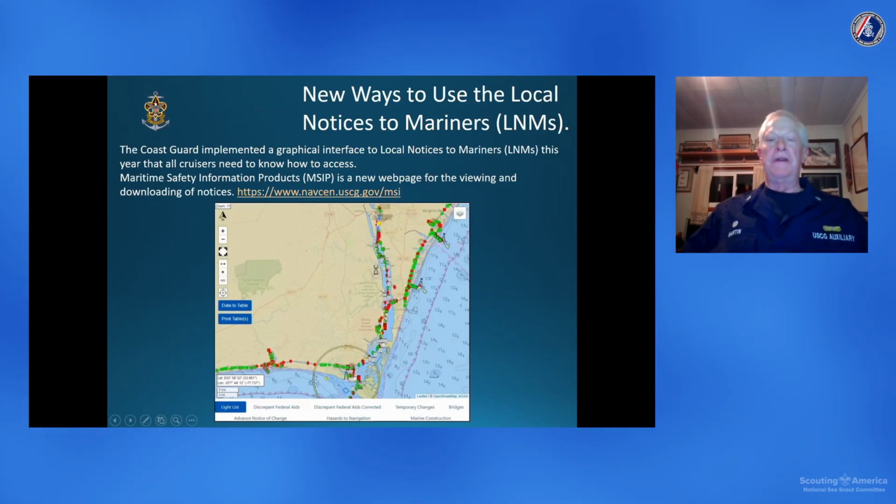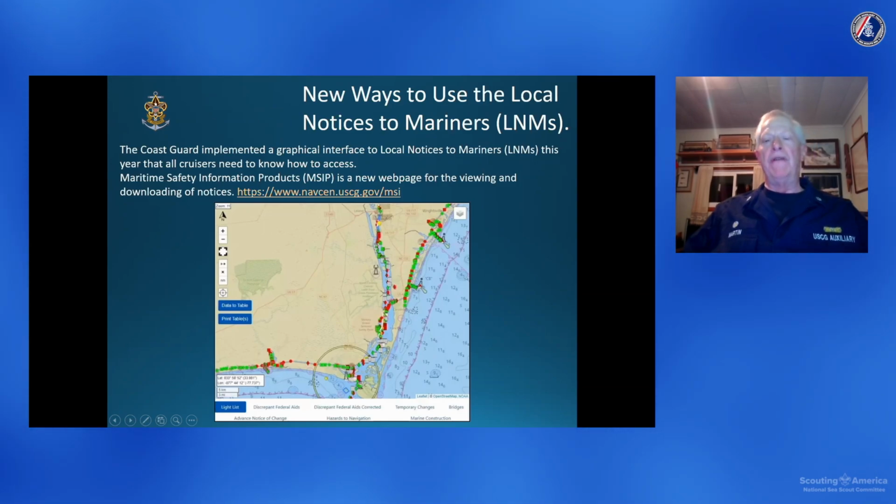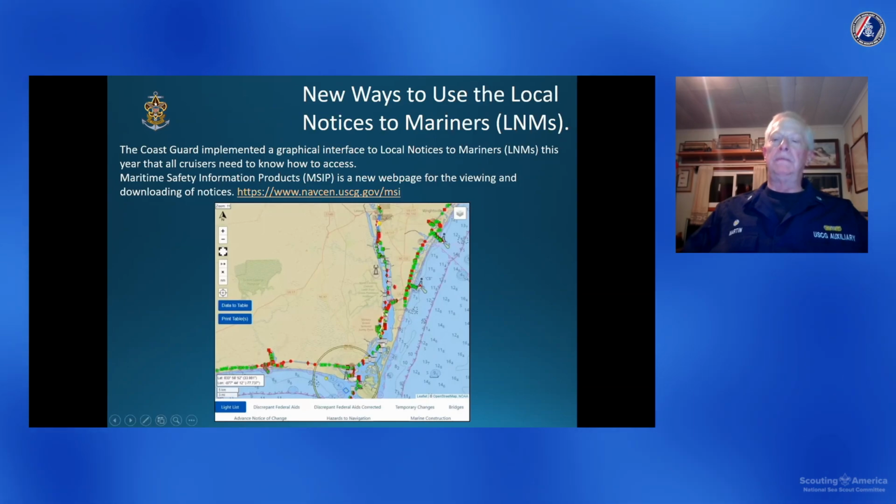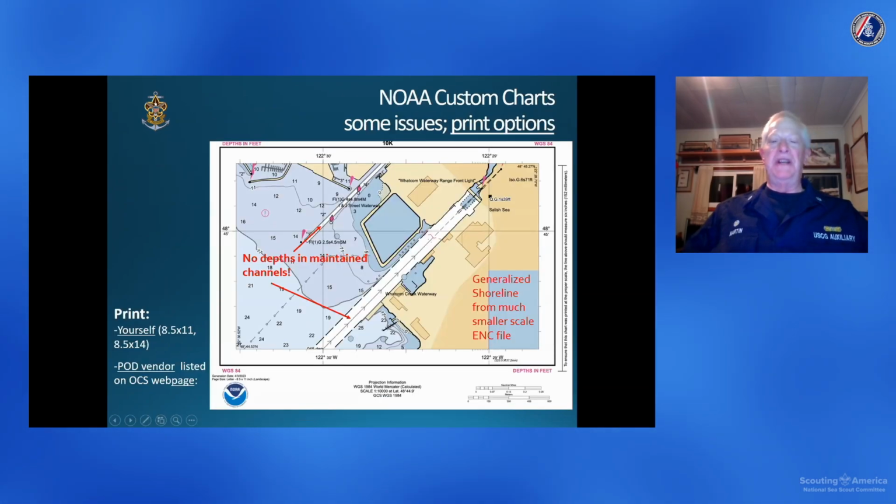Like I said, the local notice to mariners has changed, and you're going to have to basically relearn how to read a local notice to mariners, which is very important if you want to keep your nautical charts up to date, or make sure that your ENC is up to date.